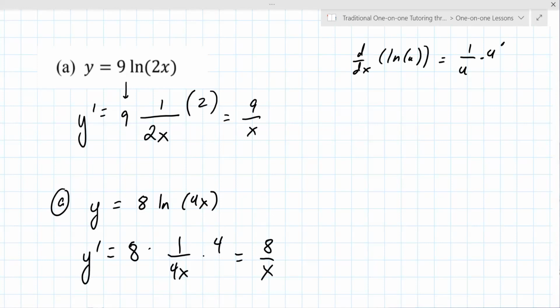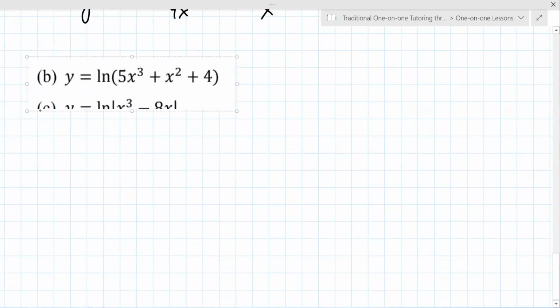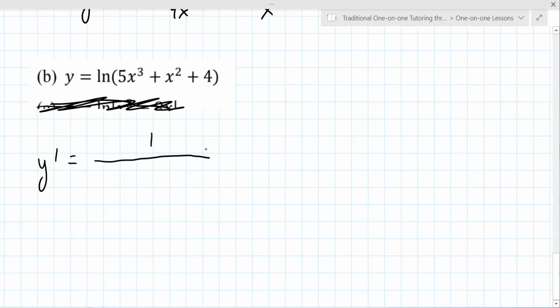Okay, letter B. The derivative of ln, again, is 1 over whatever is inside. The inside is 5x cubed plus x squared plus 4, so 1 over that.